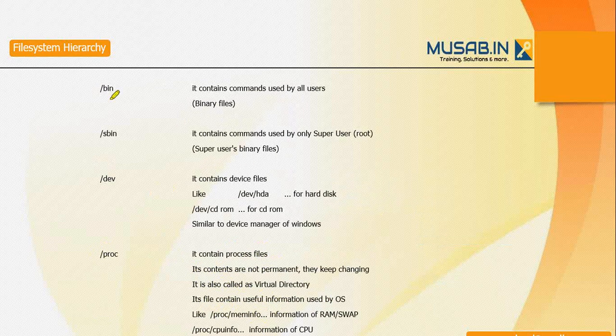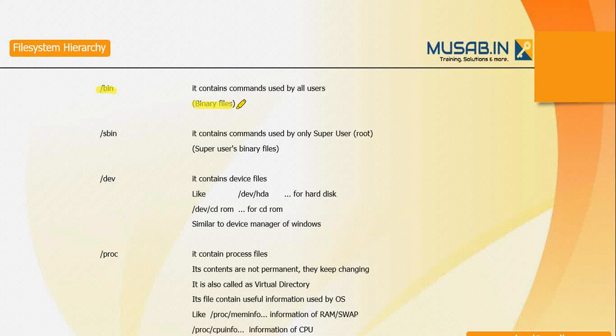Then we've got something called bin. Bin actually stands for binary files, which is nothing but your commands. So the bin folder contains commands that can be executed by any user in the system.